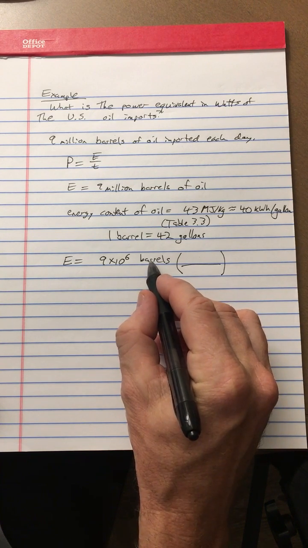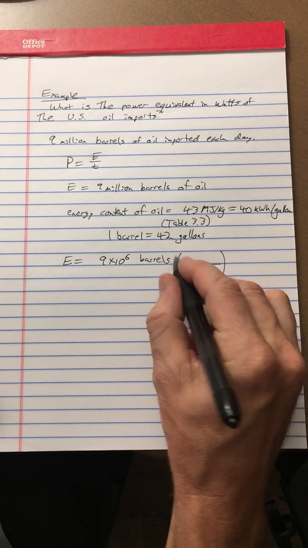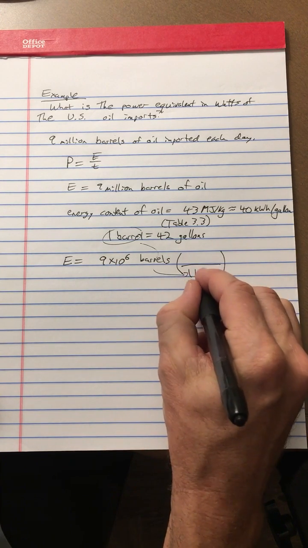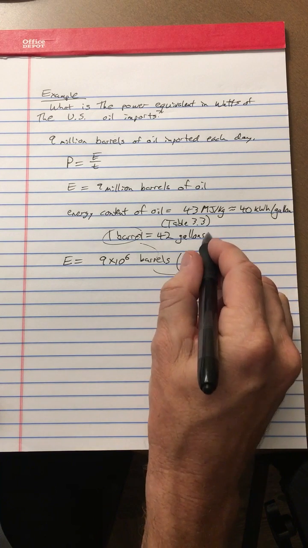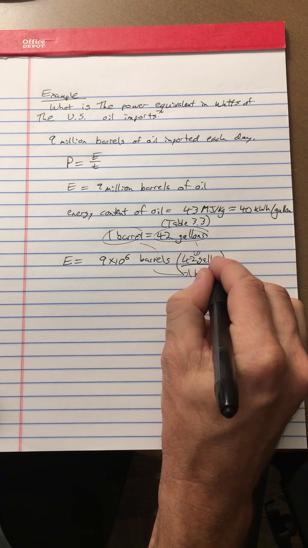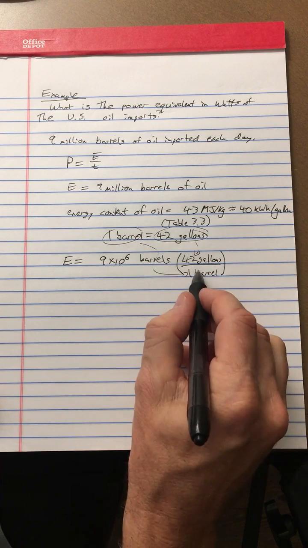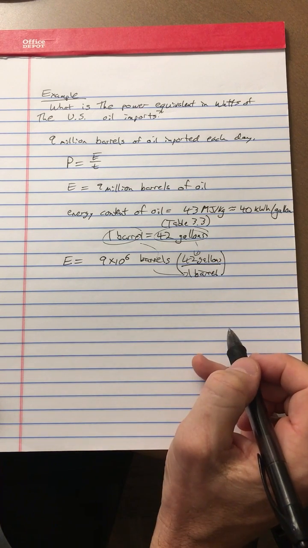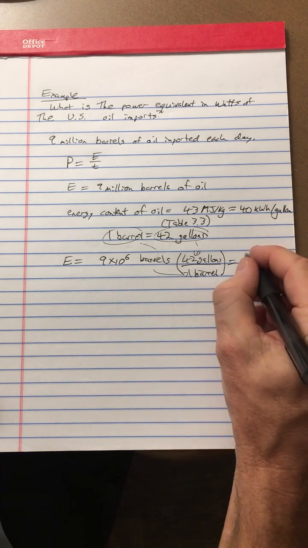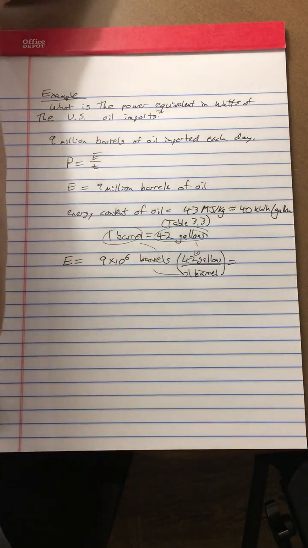In order to have barrels cancel out, I'm going to put my 1 barrel here on the bottom and my 42 gallons here on the top. I know to do that because then the units of barrels cancel, and I end up with 9 times 10 to the 6 times 42.